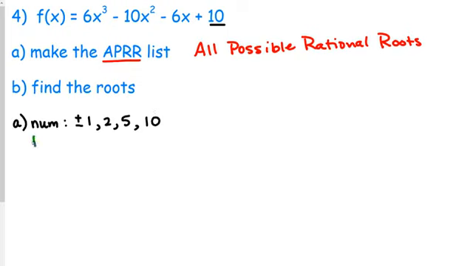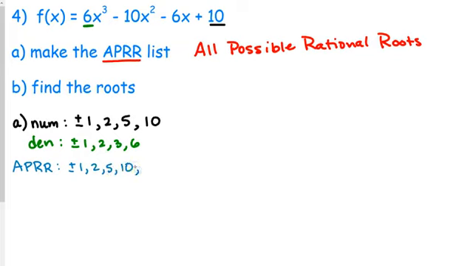Now the denominators, according to the rational root theorem, would be factors of the leading coefficient, so that would be plus or minus 1, 2, 3, and 6. Got it that time. So then the APRR list is the list of all the possible combinations of those numerators over those denominators. So what I'm going to do first is put all the numerators over 1, so plus or minus 1, 2, 5, and 10.